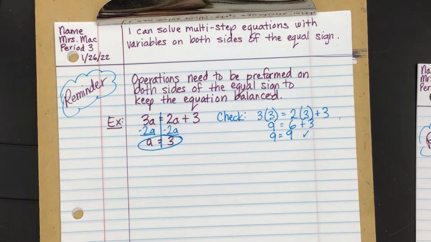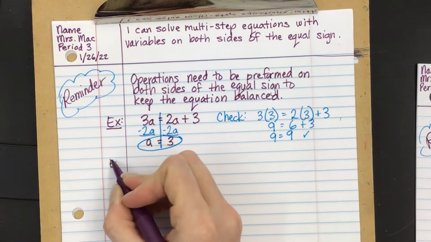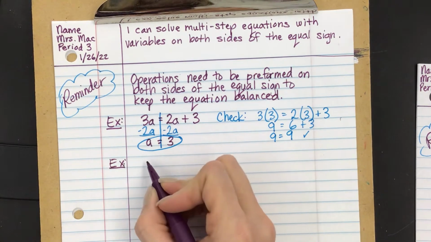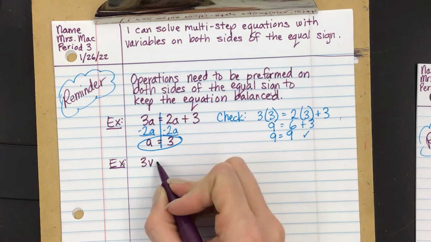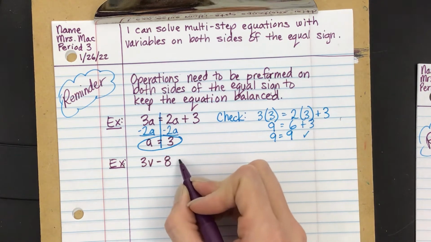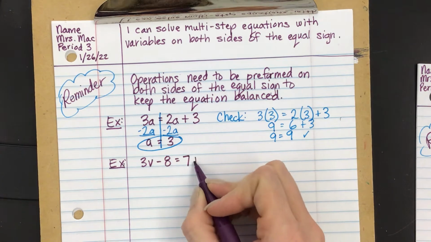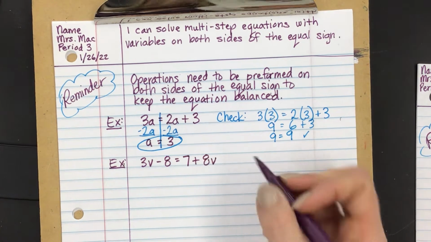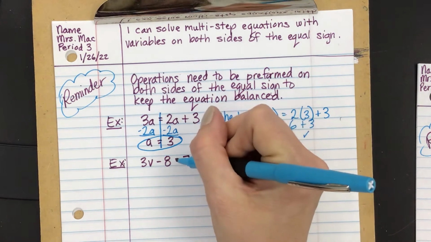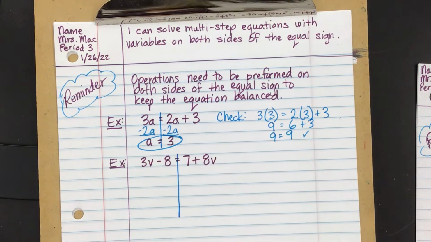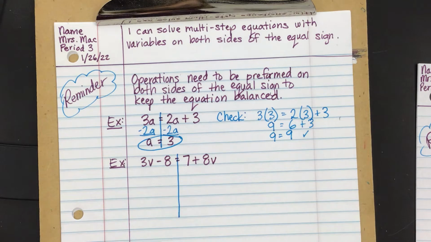Okay, let's try another basic example. We have 3v minus 8 is equal to 7 plus 8v. Now, I like to choose what I subtract from both sides based on whether it's going to give me a positive or a negative.